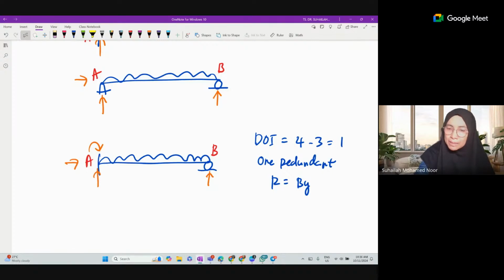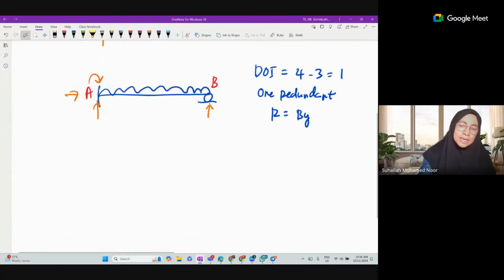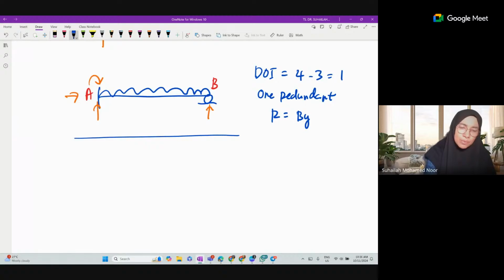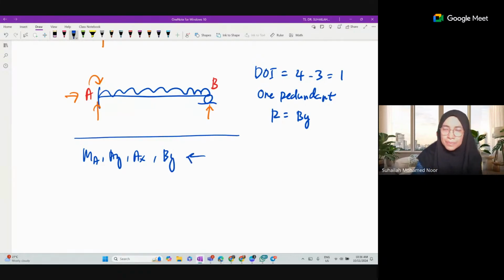Simply supported beam if we remove the moment at A. So we have MA, AY, AX, and BY. That is 4 unknown reactions.